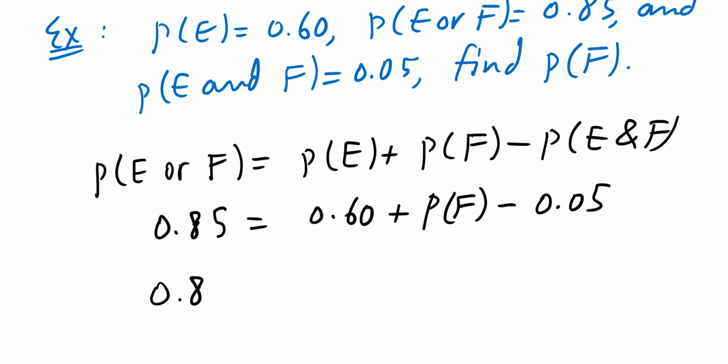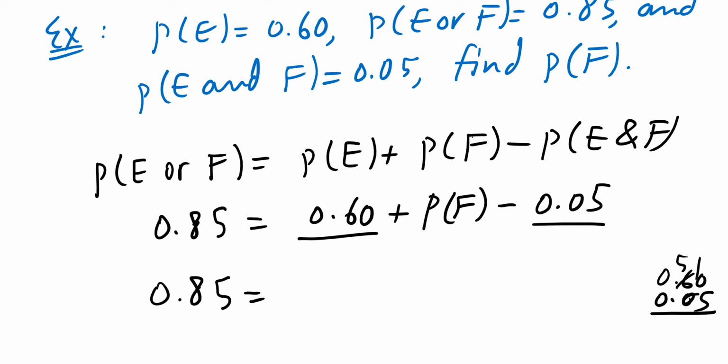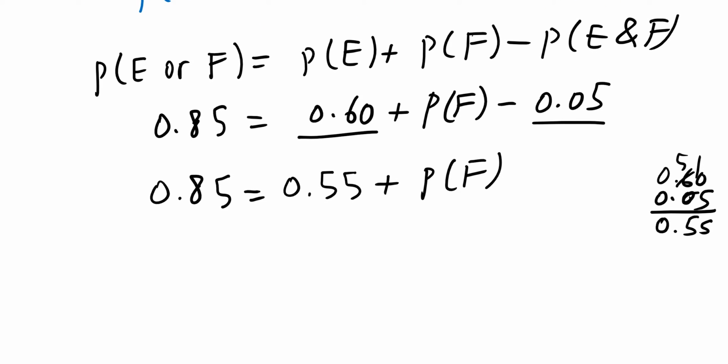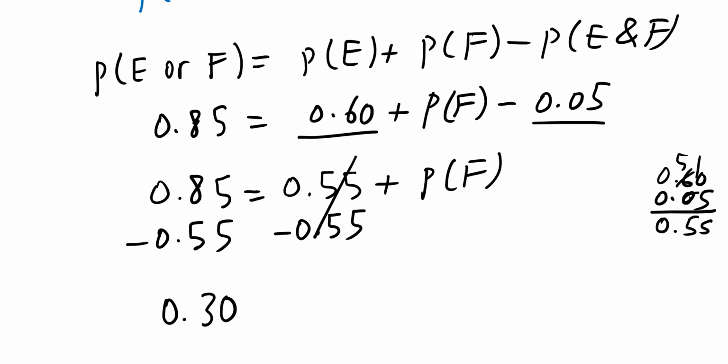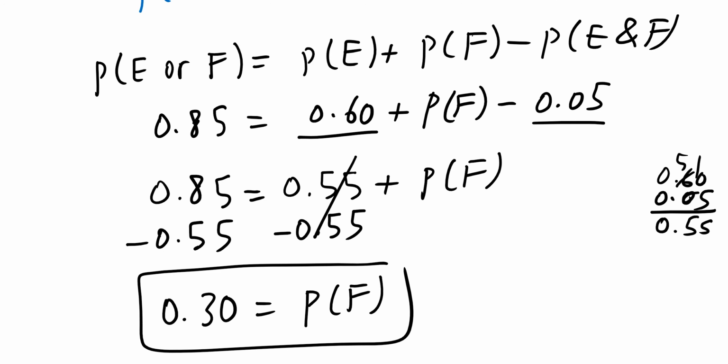Now on the right-hand side we can combine these. If we subtract them on the calculator or by hand as I'm doing now, this is 0.55 plus the probability of F. Then to solve for the probability of F, just subtract on both sides. 0.30 equals the probability of F. So with the addition rule, they can give us any of the three probabilities and ask you to find the fourth one.